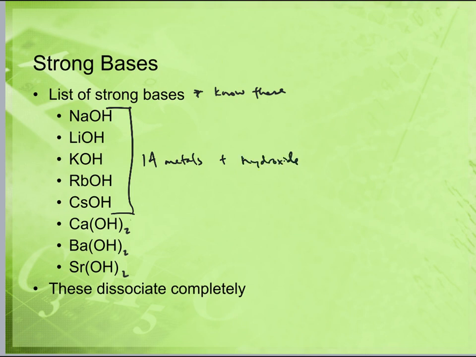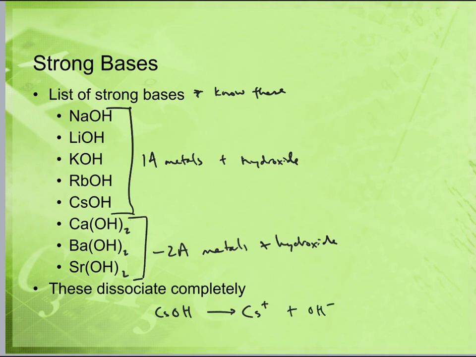And the ones here are all 2A metals plus hydroxide. So you need to know this list. These dissociate completely. So if we have CsOH, we put it into water, we get 100% of it turning into cesium ions, excuse the bell there, and hydroxide ions, like that.